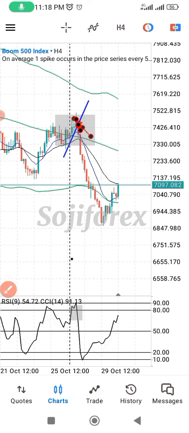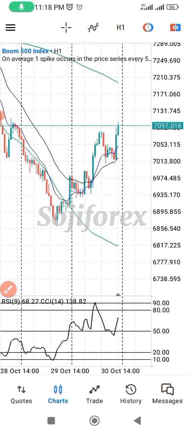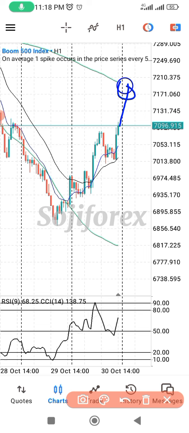Just as it's pulling back now, let's look at our H1. Good. Do you see it? So now this price will pull to the middle Bollinger Band, and then probably it will begin to sell, and by then it is already at this zone, and they will begin to look for a candlestick formation to sell.